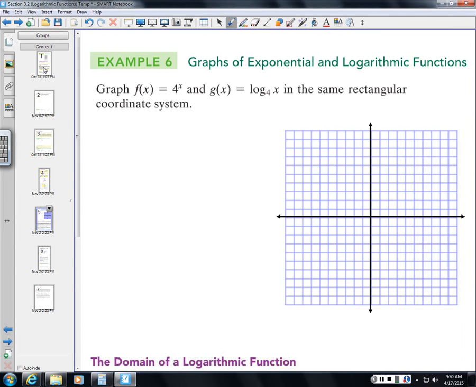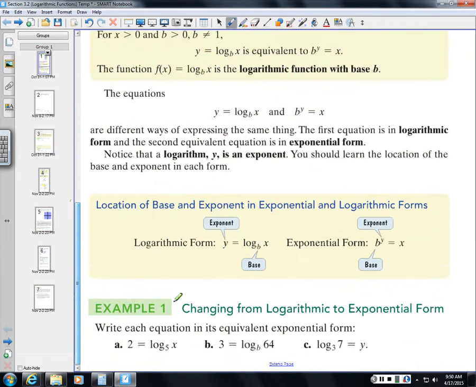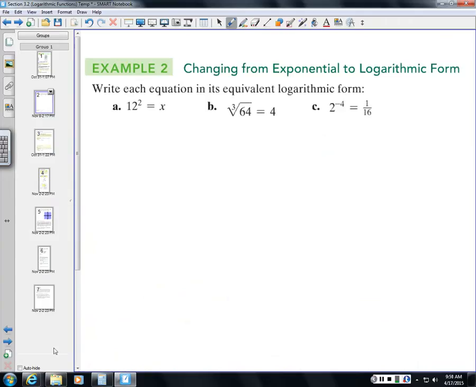Now I want you to pay really close attention to this to try to understand. Starting here, say for instance, just going back and looking at example A. This was its exponential form. We said that 12 squared is equal to x. So this is in what we call exponential form.